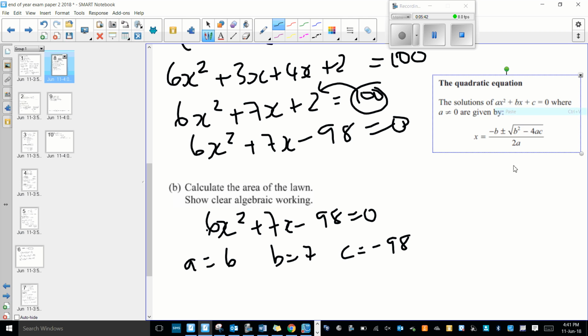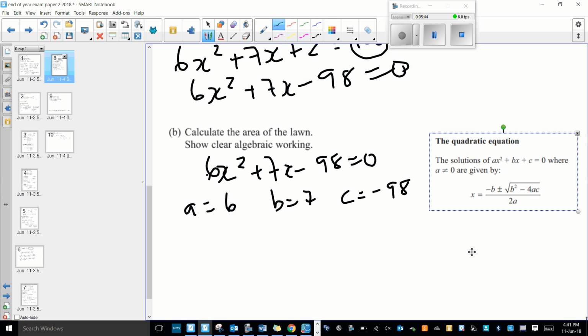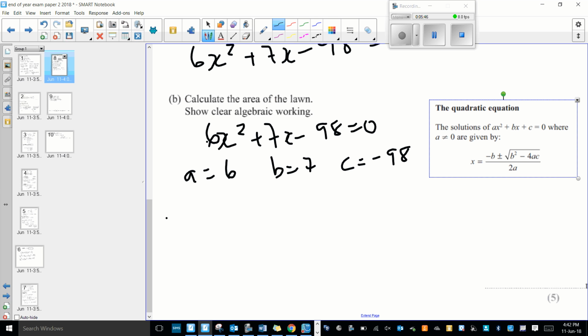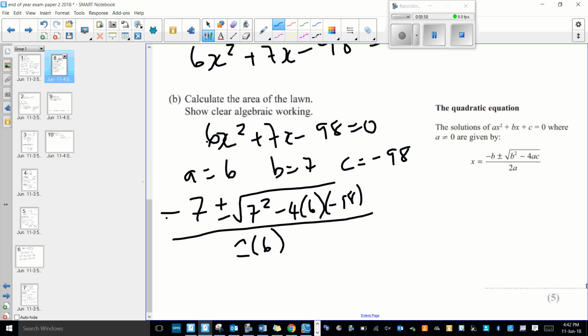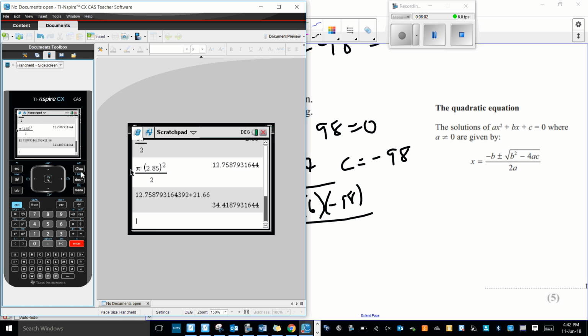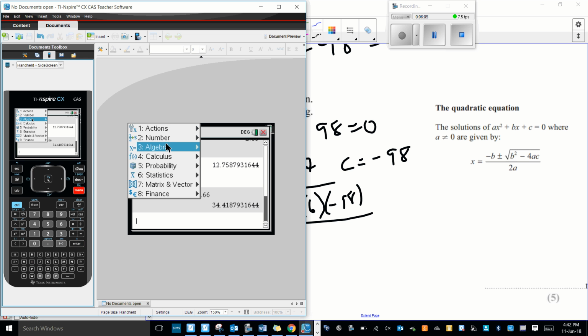So we've got negative 7 plus or minus the square root of 7 squared minus 4 multiplied by 6 multiplied by negative 98, over 2 multiplied by 6. Once you've written that, you can then just go into the calculator. Algebra, polynomial, find roots.